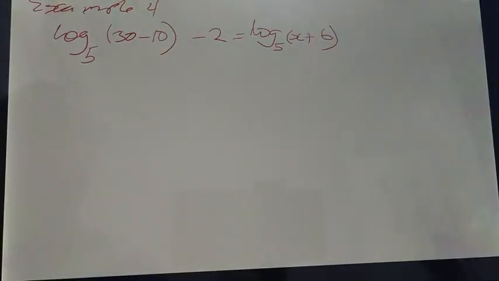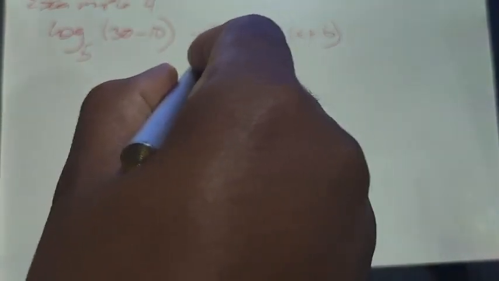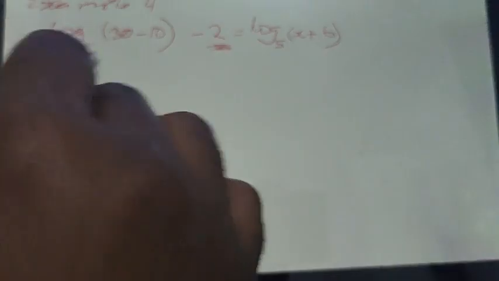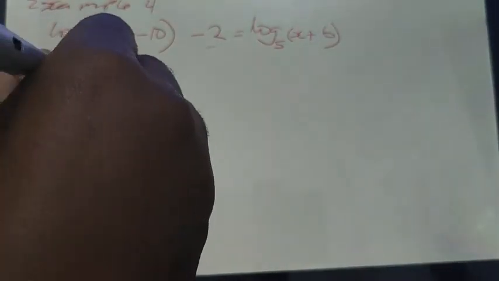If you look at these ones, this is just a number. It's not a log. So we are going to put like terms together, so that log will come to the left hand side.